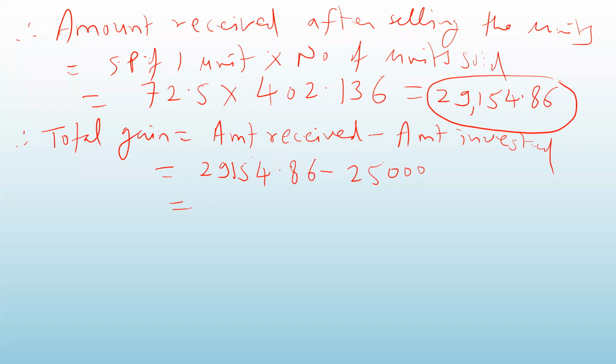Find out how much you get. 29,154.86 minus 25,000 gives you 4,154.86. So this one is the total gain.